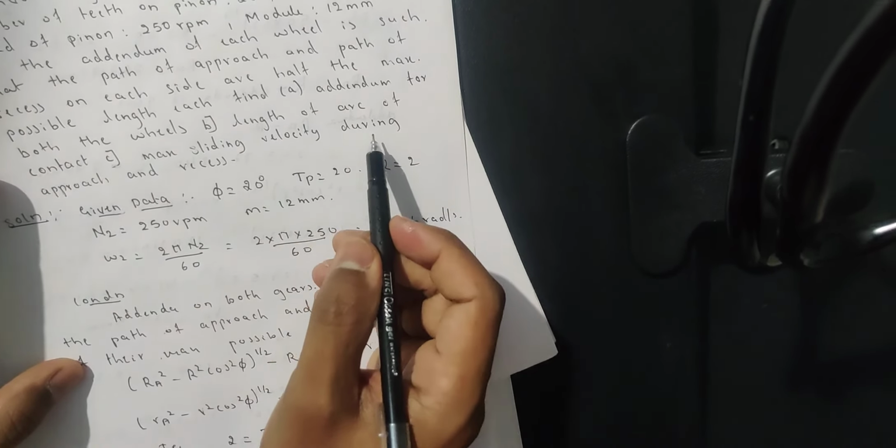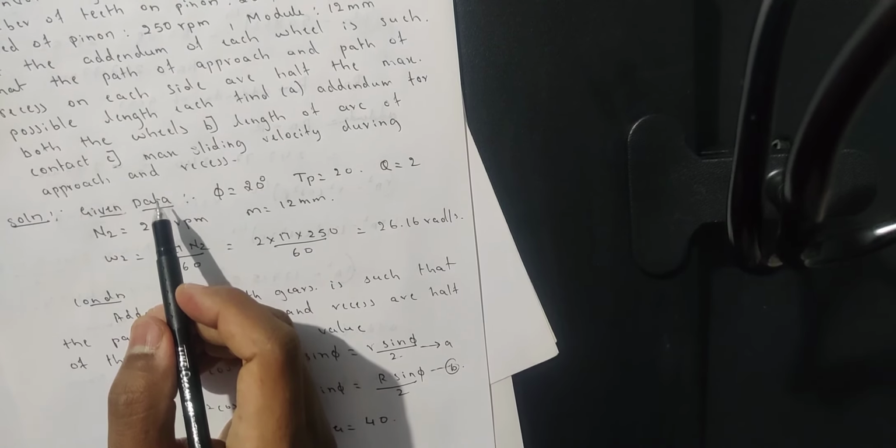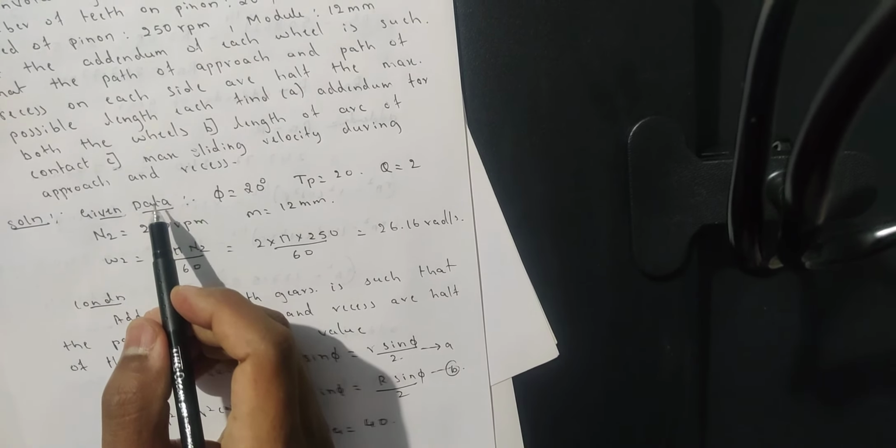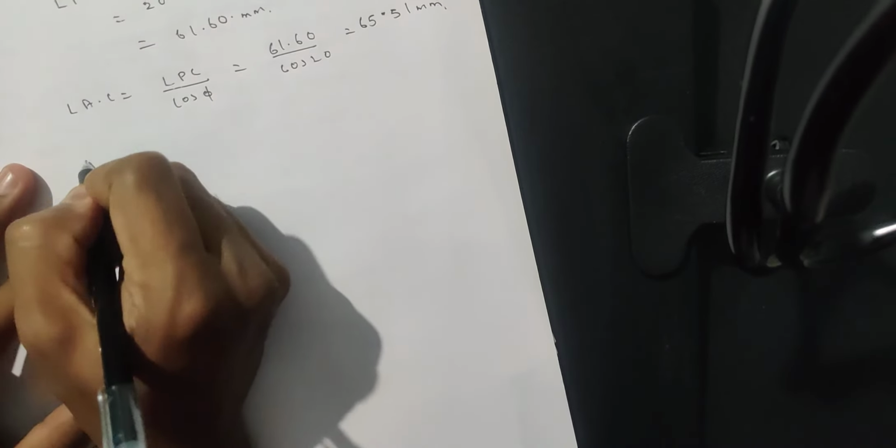So in the problem, what they have asked is to find out the length of arc of contact, and the maximum sliding velocity during the approach and recess. So the maximum sliding velocity will be with respect to the path of approach and path of recess.